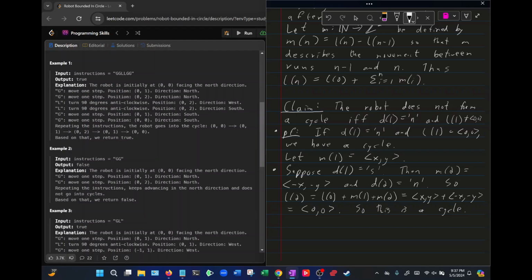And I suppose it might be worth saying real quick, does that guarantee that this is a cycle? And it does, because there's a fixed collection of points that the robot will walk through on the path between iteration 0 and iteration 1.